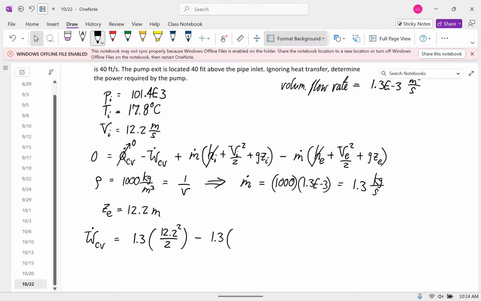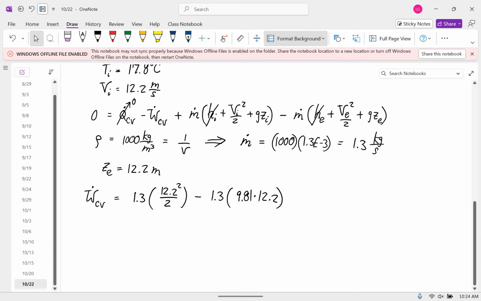We're going to assume that the speed is 0, but this is 9.8 times 12.2 meters. And now you have all the numbers, and you can just plug that in and get the work rate.